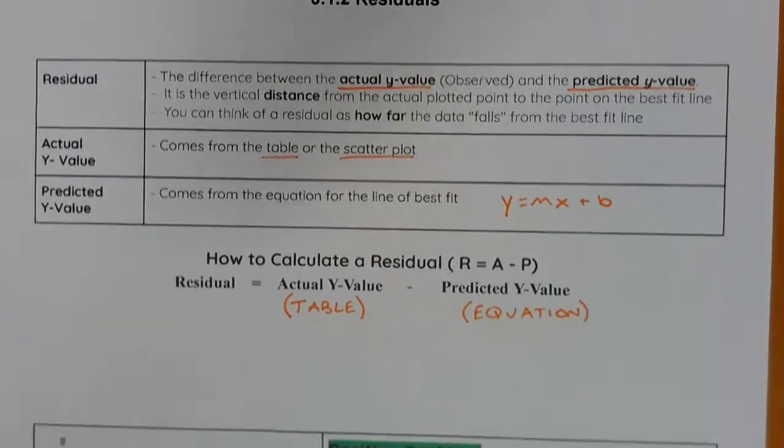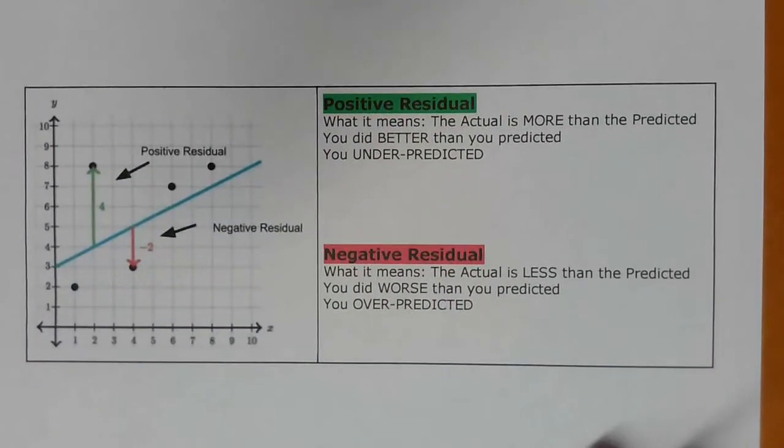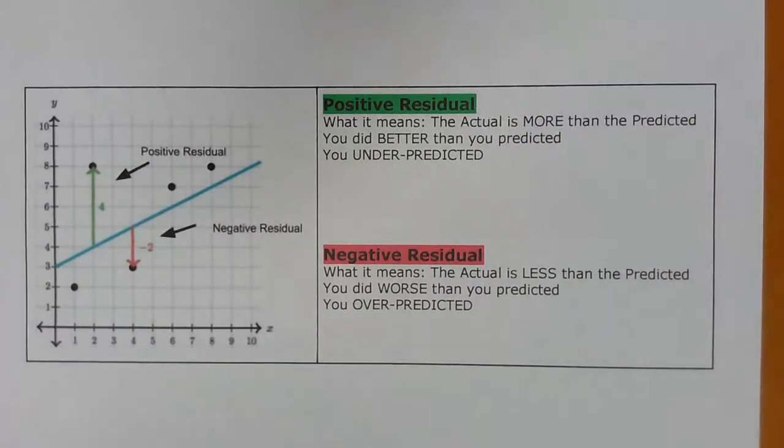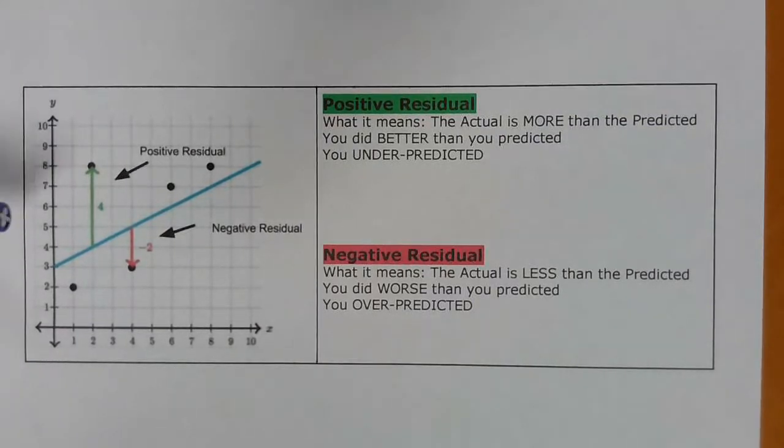If we talk a little bit more about residuals from a visual standpoint, on the left we have a scatter plot. We fit a blue line of best fit to that scatter plot. When we talk about a positive residual, what we're looking at here is an example right here.